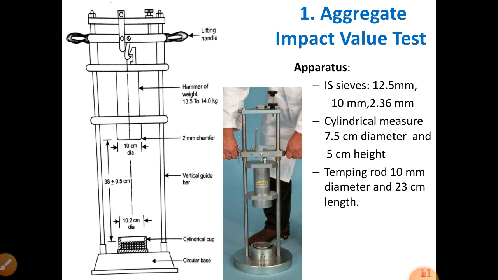Tamping rod 10 mm diameter and 23 cm length, used for compaction. Cylindrical cup, impact testing machine and balance.